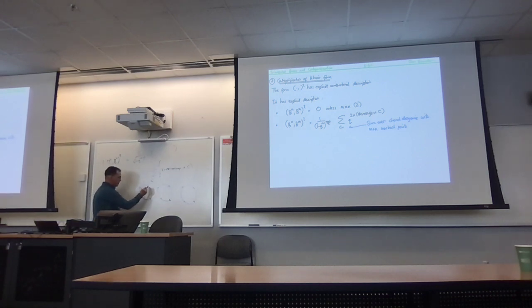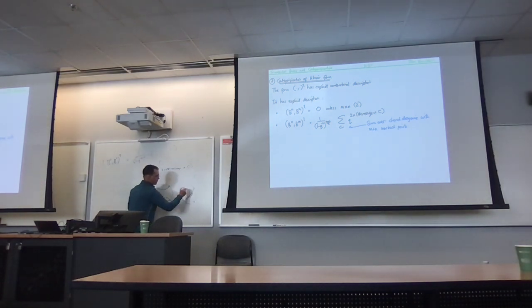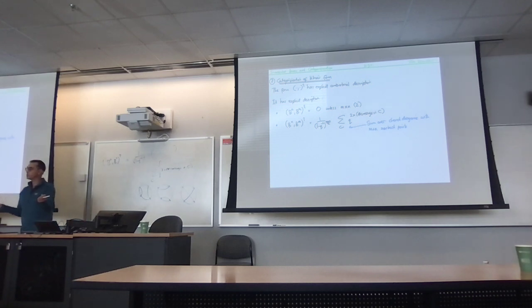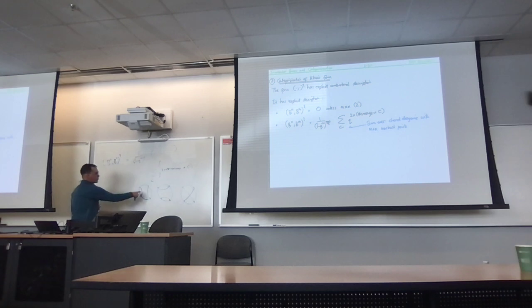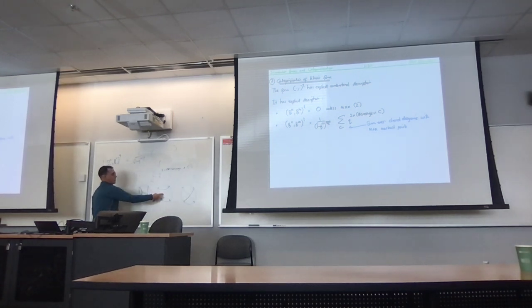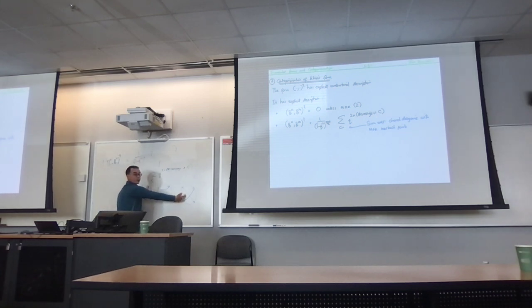I could join them that way, or that way, or that way. This is such a baby example, but now I think everyone knows what I mean by a chord diagram, up to isotopy. No crossings, 1 crossing. So what do I get? There's 2 of them with no crossings, so they contribute 1 to this power of q. This contributes a q squared, so it's 2 plus q squared.